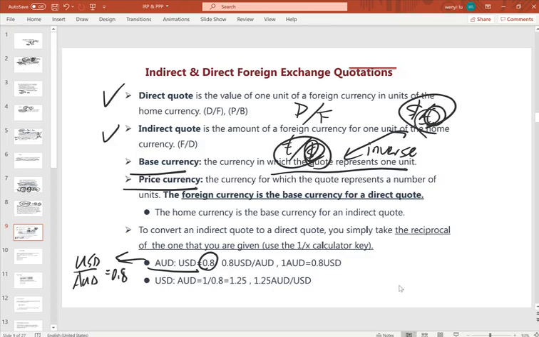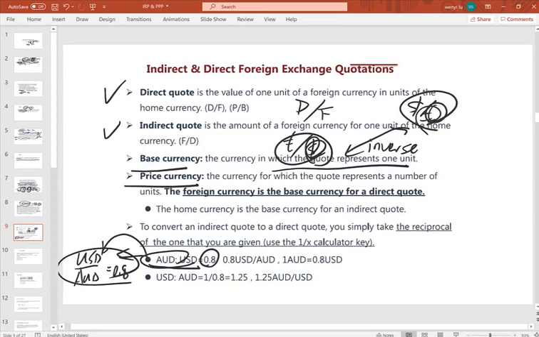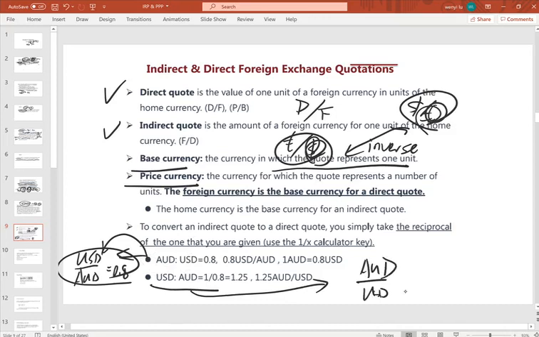Be careful: if you see it this way, please convert it to the standard format of the quote in the book. So this one means $1 Australian equals 0.8 US dollars. And for this one, it's the opposite: $1 equals how many Australian dollars? You can see these two are opposites, so this one should be 1 over 0.8, equal to 1.25.